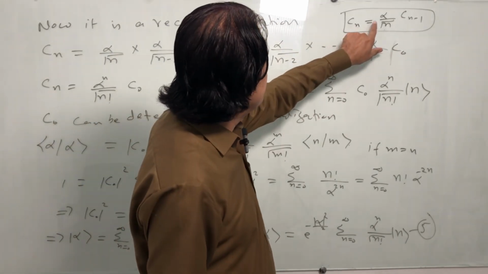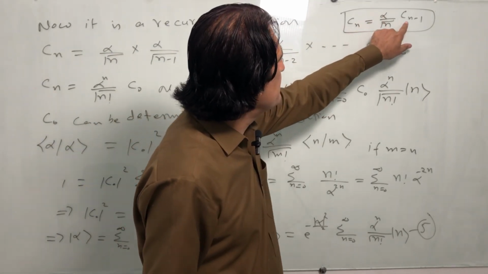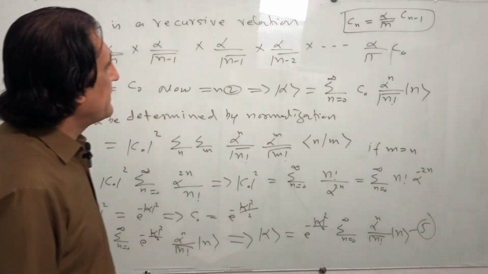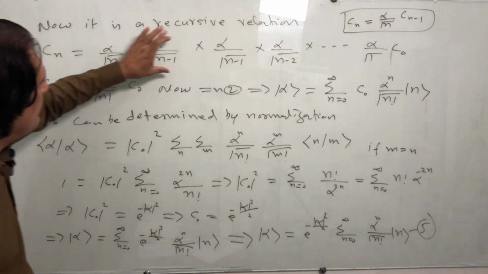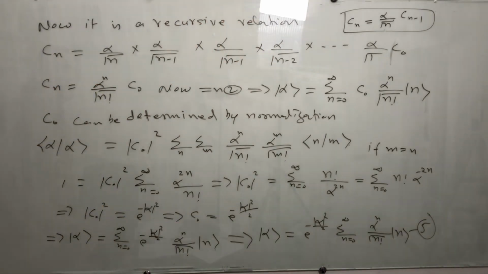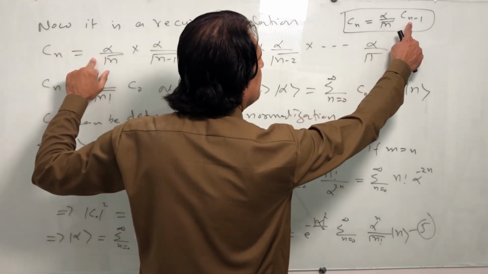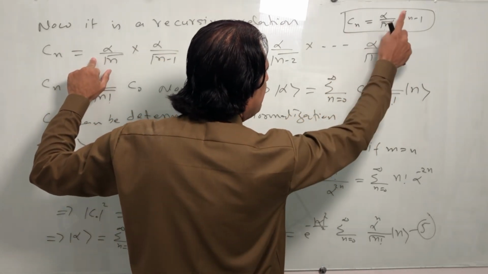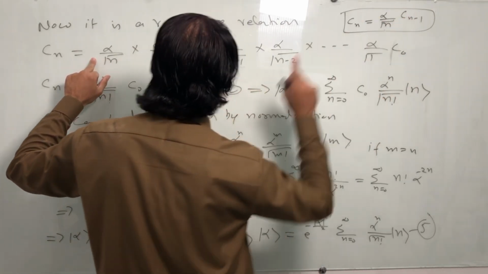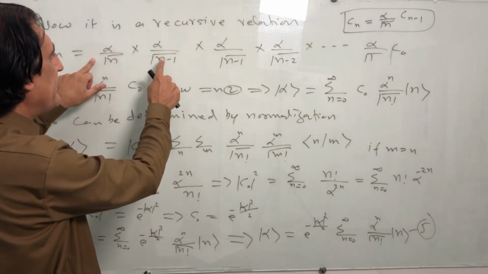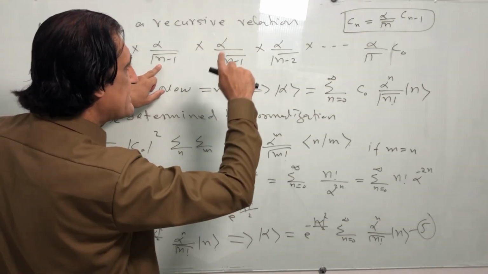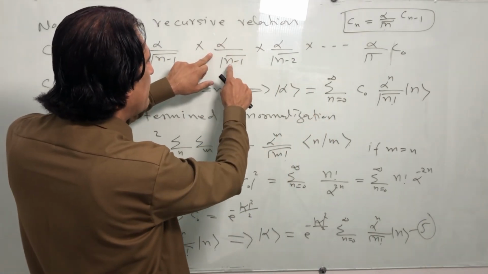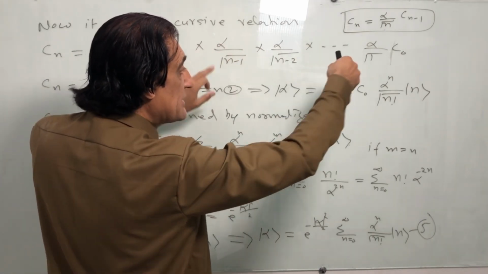Now further, Cn is equal to alpha divided by square root of n times C(n-1), which we have already derived, and this is a recursive relation. If we find C(n-1), then we can get alpha divided by square root of n minus 1 times C(n-2). Then if we find C(n-2), we get alpha divided by square root of n minus 2 and C(n-3), and so on.